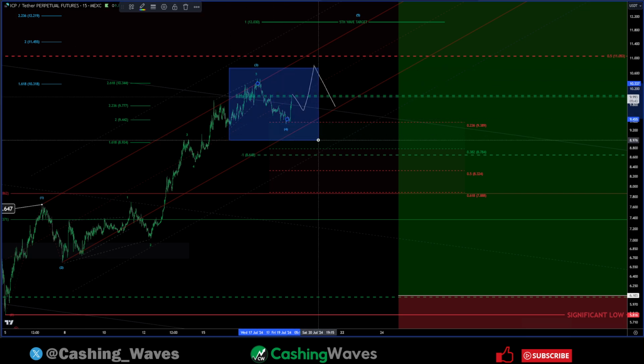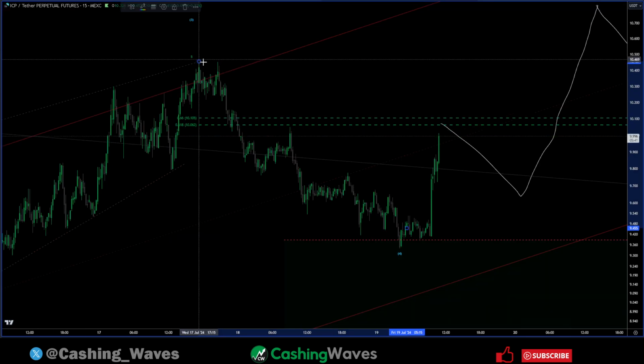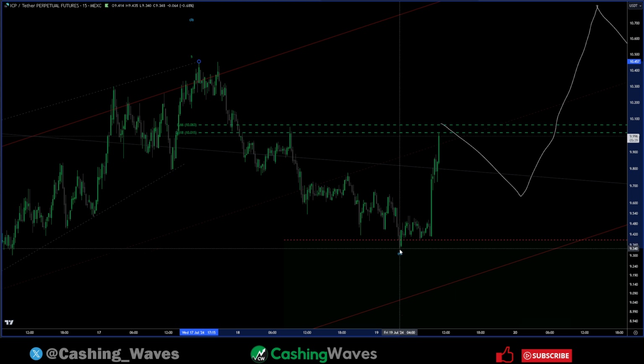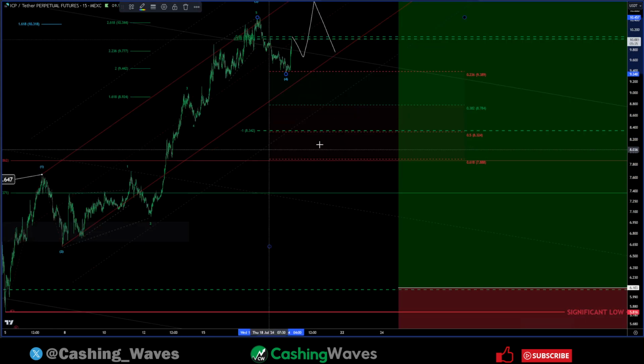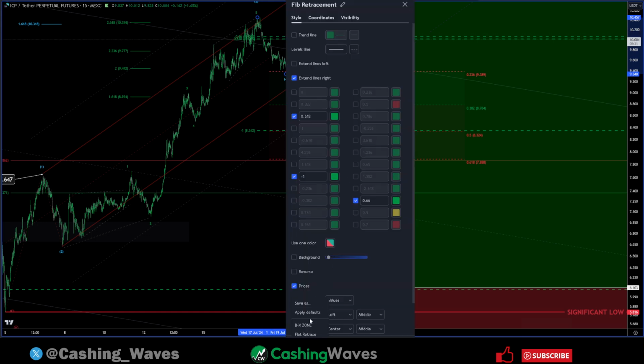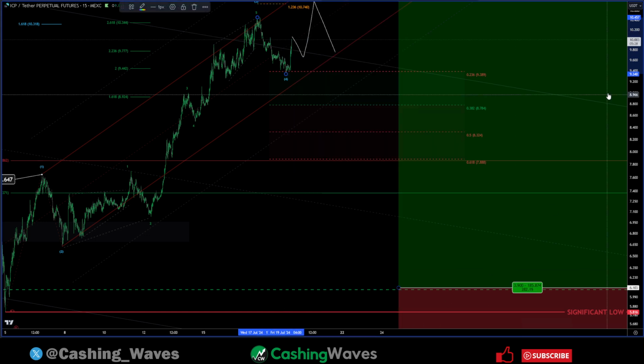It's past the 1.236 and 0.382. B and X zone, invalidation at the 1.618. So we take the ABC move, put on the 1.236 and 0.382.